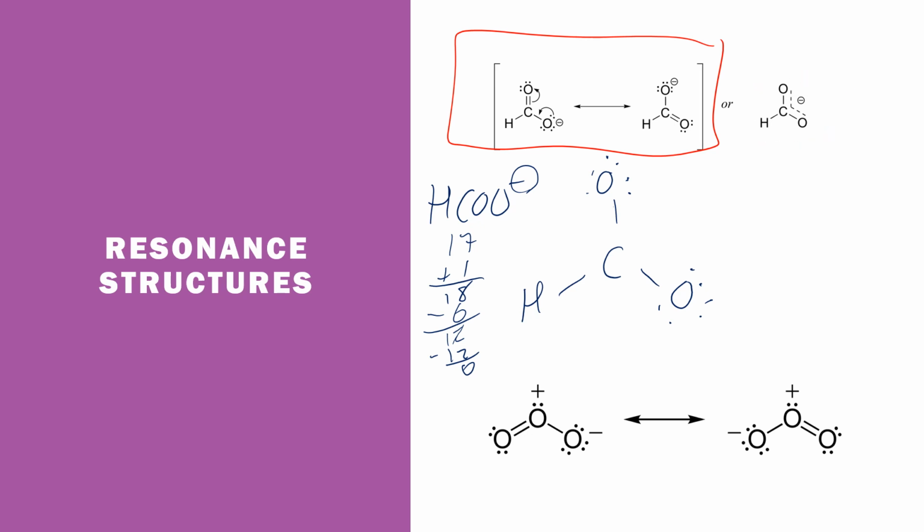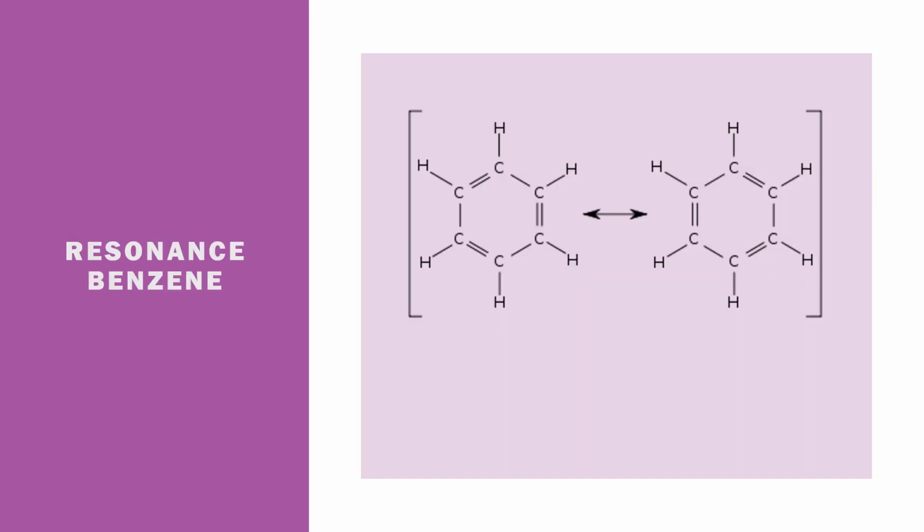This is another example. This is ozone, and so these are the 2 possible structures for ozone. In reality, each one of those bonds is like a 1.5 bond. Now here's just another common example. This is benzene. Benzene has a ring with alternating double bonds. So it has 2 resonance structures because you could have the bonds alternating this side or this side.